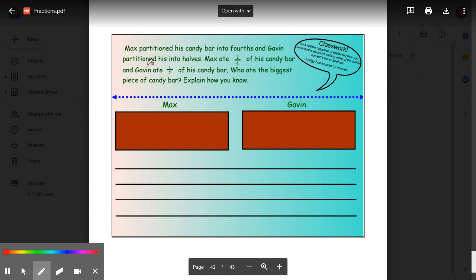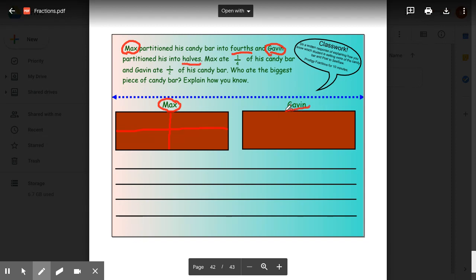It says that Max partitioned his candy bar into fourths. So this is Max's candy bar, and we're going to partition it into 4 equal parts. All right, let's continue. Gavin partitioned his into halves.